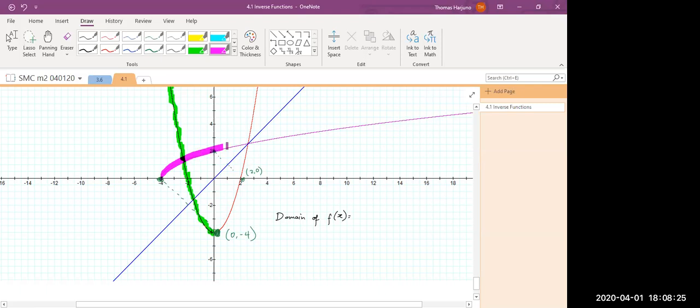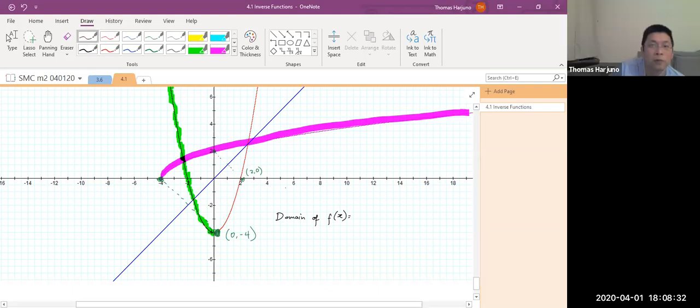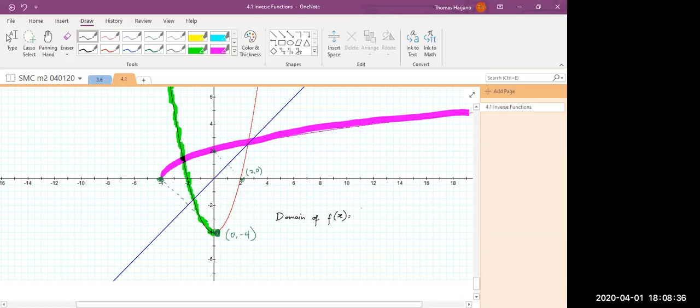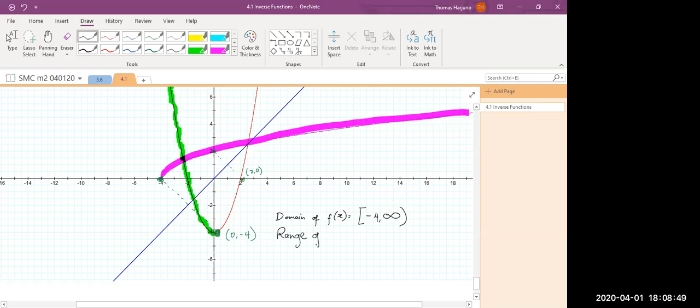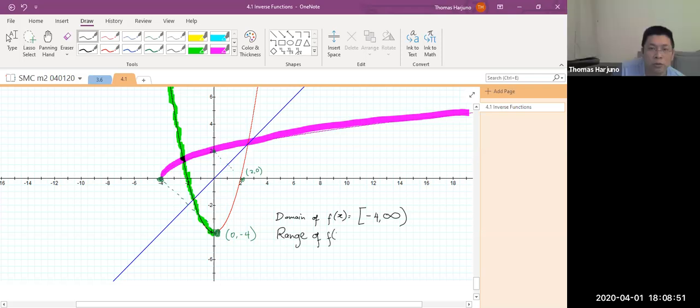What is the domain? Negative 4 to infinity, including negative 4. Yes, so it's from negative 4 to infinity. Now, how about the range of that function? From 0 to infinity, including 0.